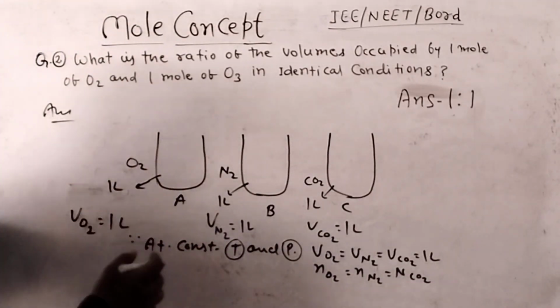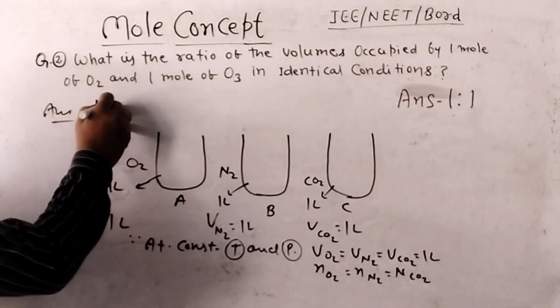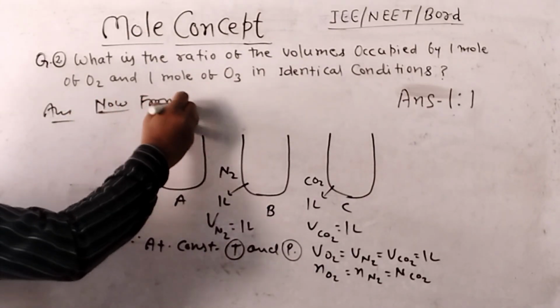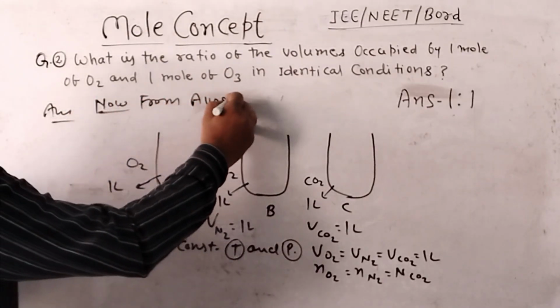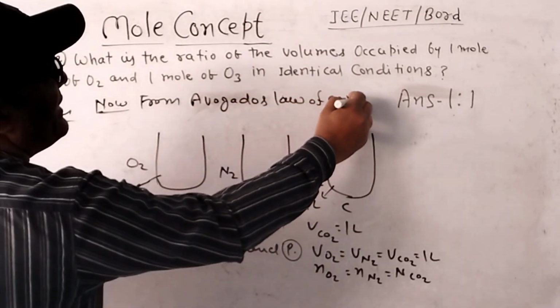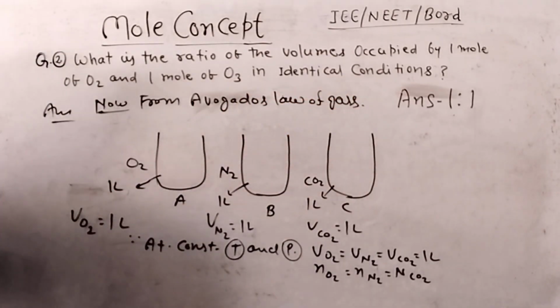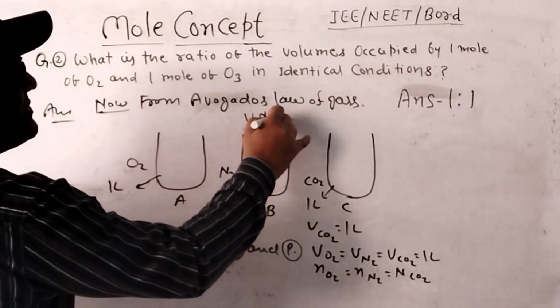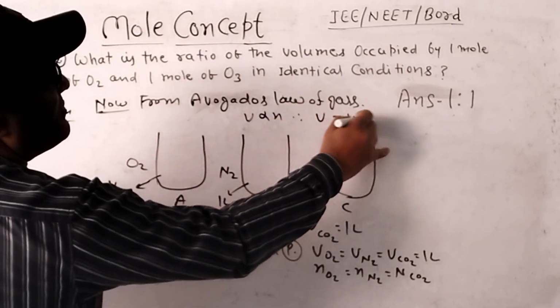So from Avogadro's law of gases, V varies as n, V is equal to Kn.